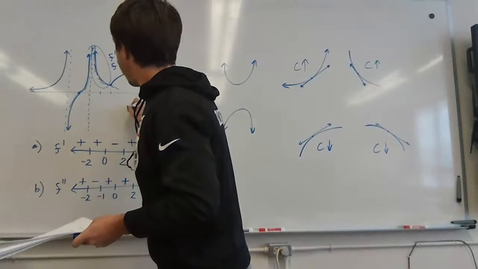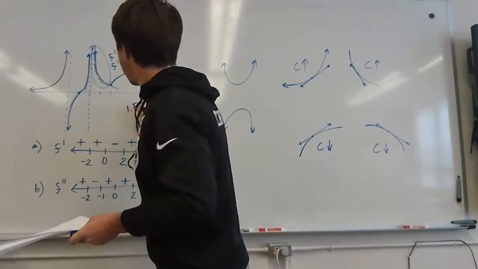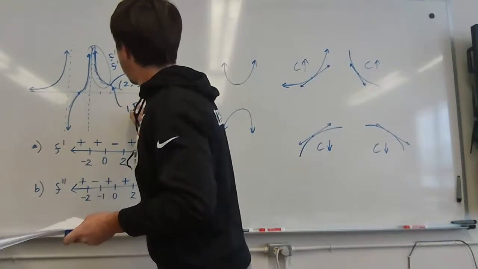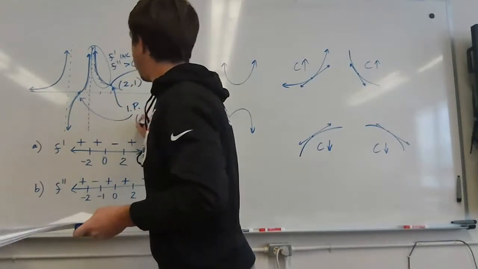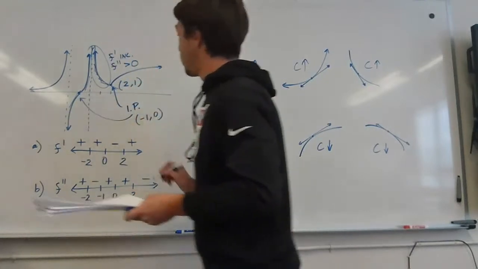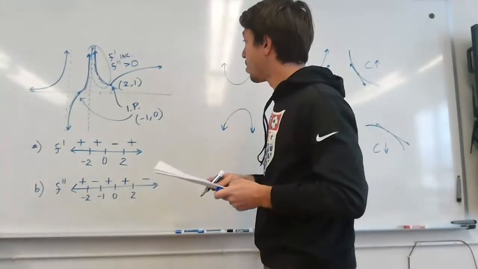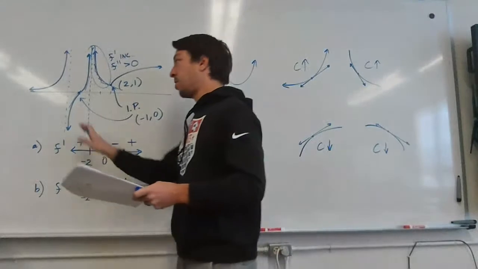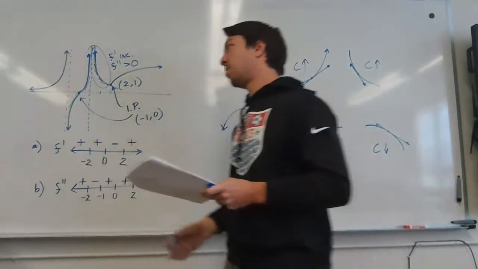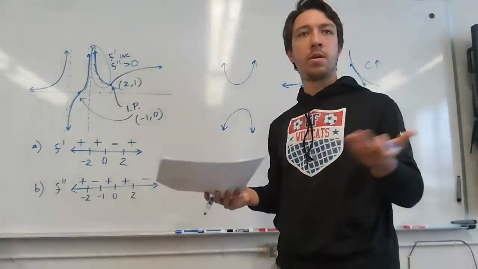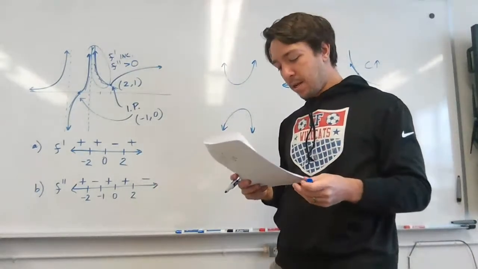So our inflection points would be at 2, 1, -1, and 0. Everyone okay with that? -2 would not. Certainly not. Any vertical asymptote, we'd say there's no point on the function there, so there can't be an inflection point.